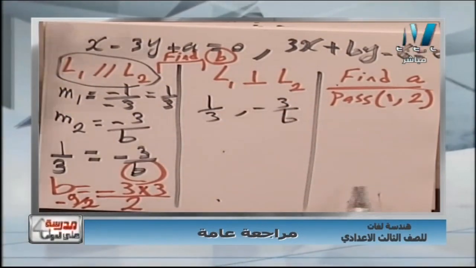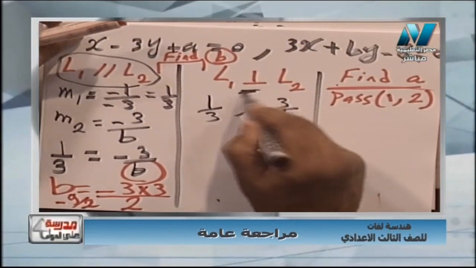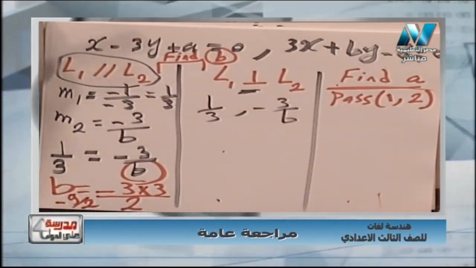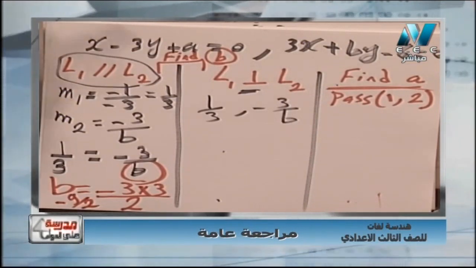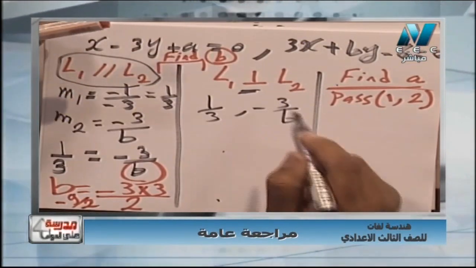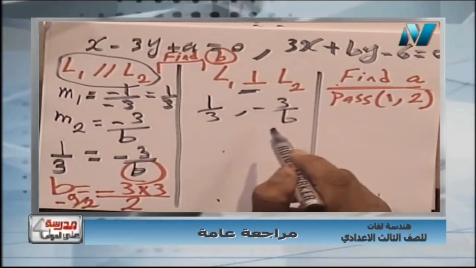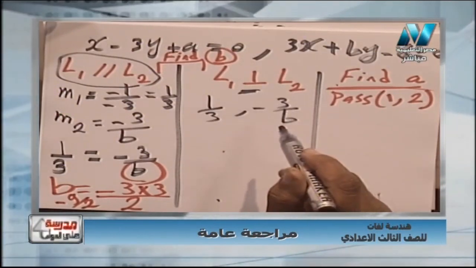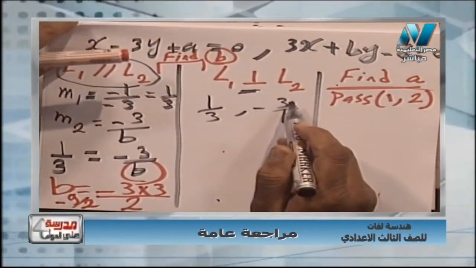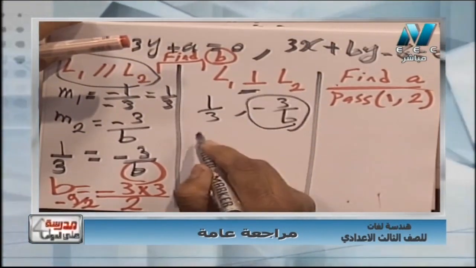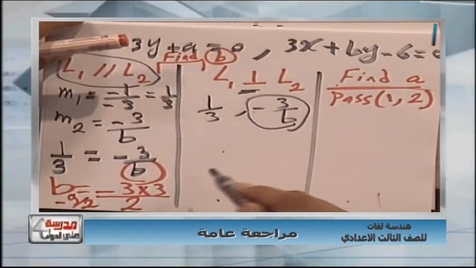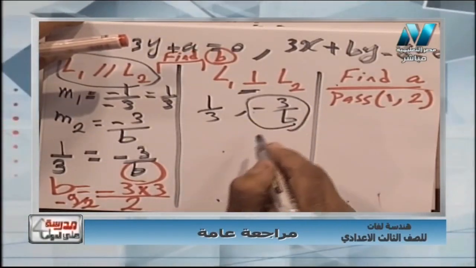In the second case, we want to find b when the two lines are perpendicular. The meaning of perpendicular is that we must reverse one of them. The easiest one to choose is to get rid of the negative and make b up, not down.